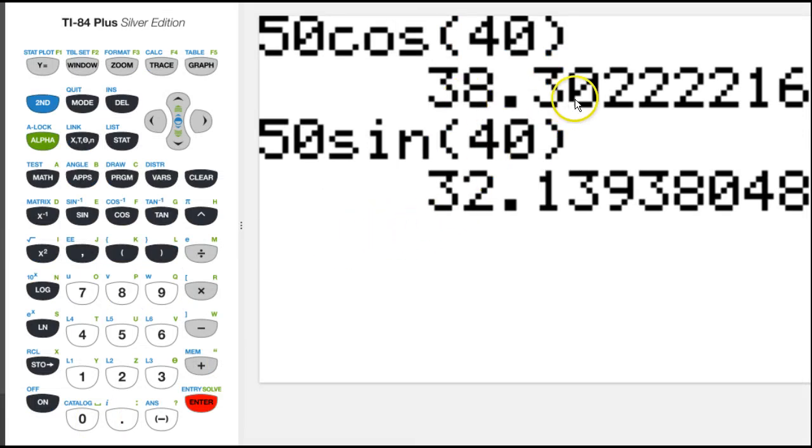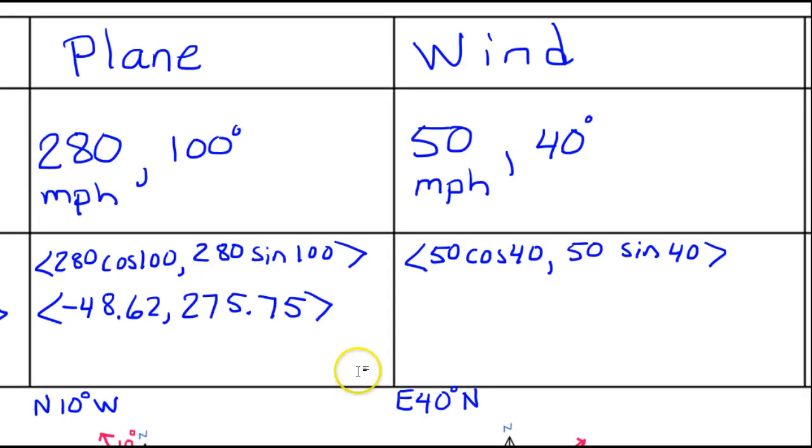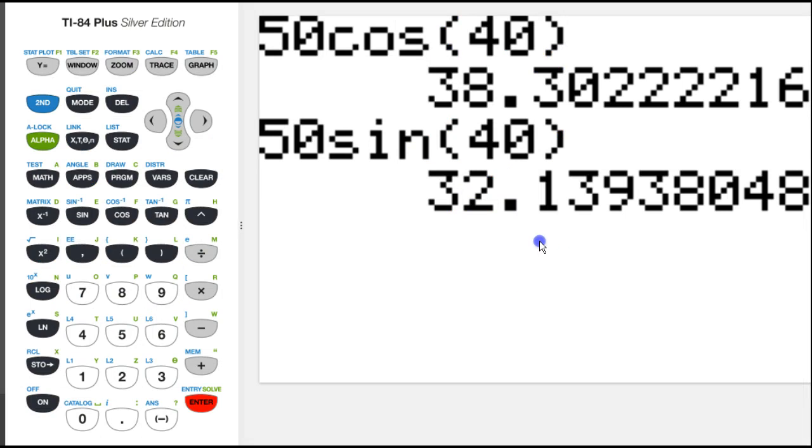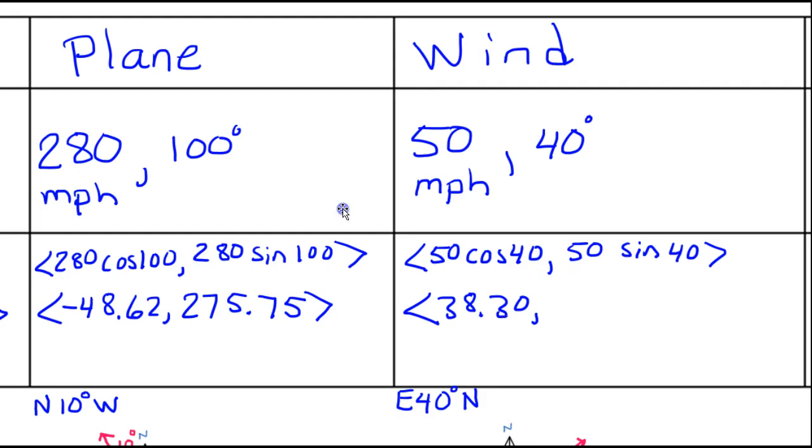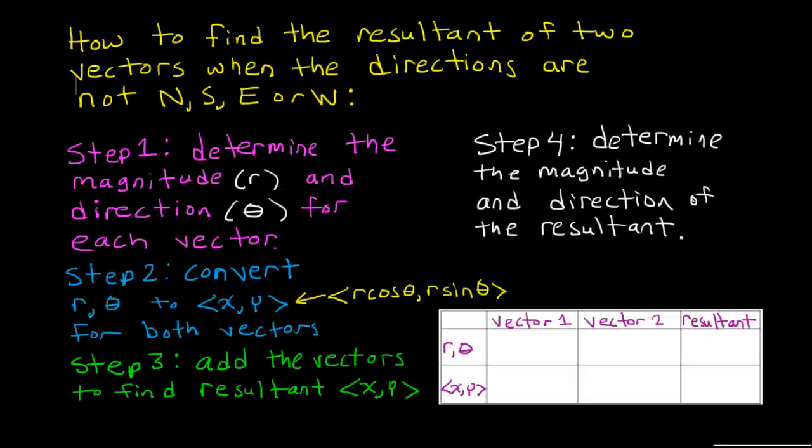So that's 38.30 and 32.14. So here we have the component form for both vectors. So that was step 2.